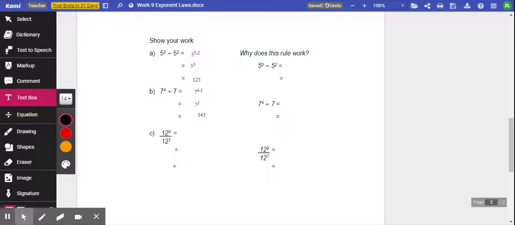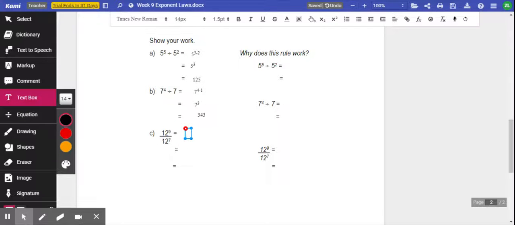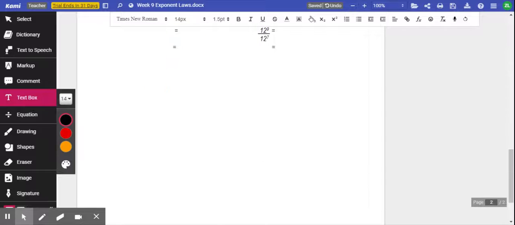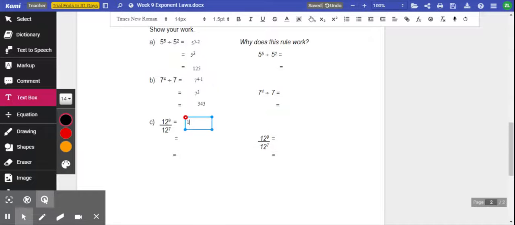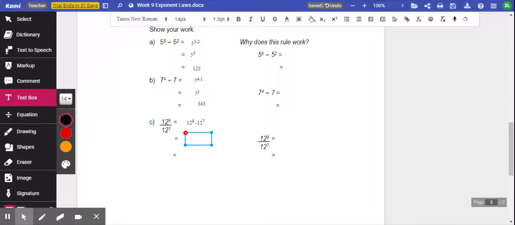Now this right here, the fraction, is another way to write division. So in this case, if we want to rewrite this, we can write 12 to the power of 9 divided by 12 to the power of 7.